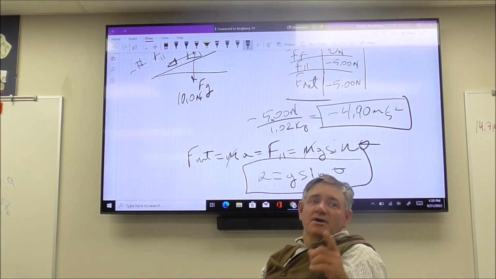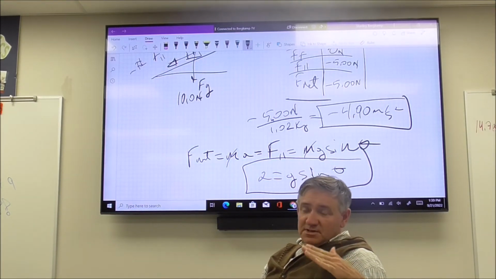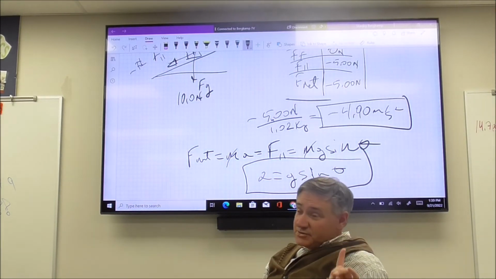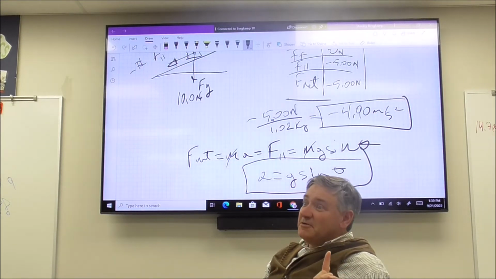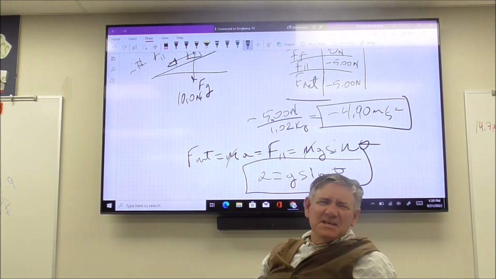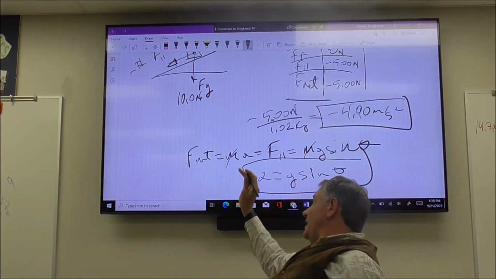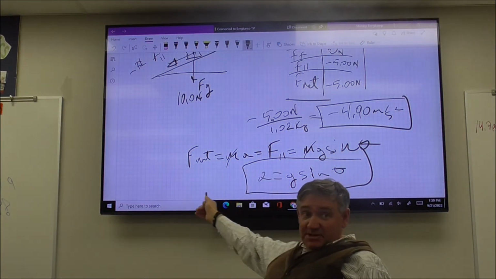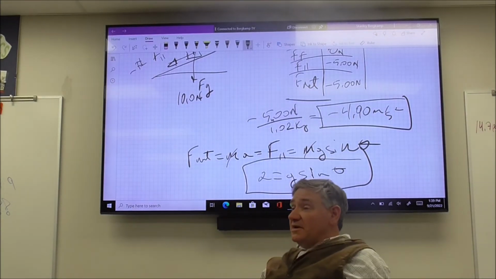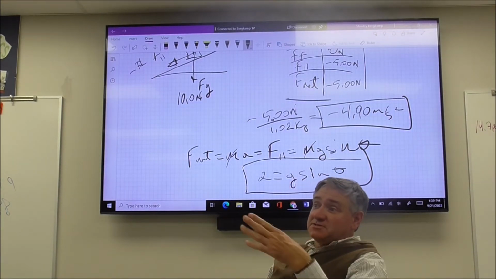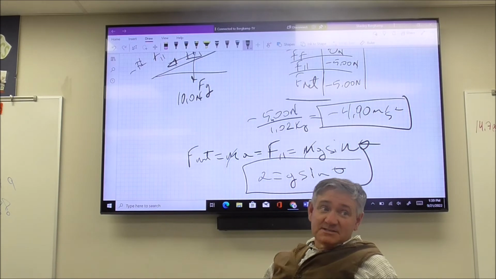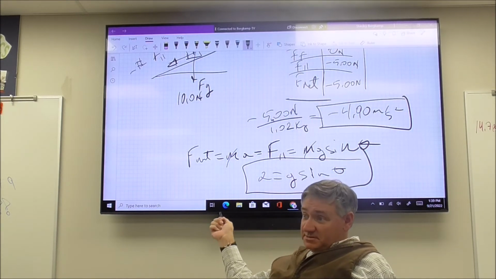So if there is a pure frictionless surface, and again, this is a one-trick pony, and it's a cool trick, but don't think, oh, I can use this on any inclined plane problem. No, this only works if it's a frictionless surface. Now, you all have seen this equation before? We did that very first inclined plane lab where you push the cart up the hill, and I said, this is how you're going to calculate your theoretical acceleration.